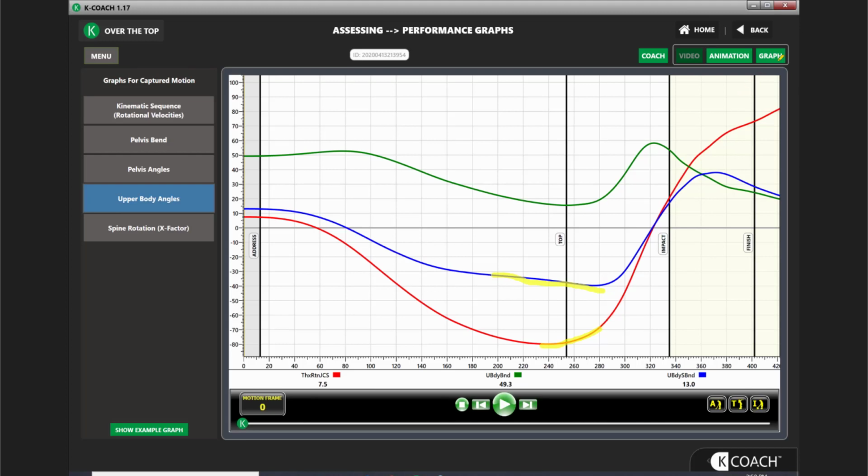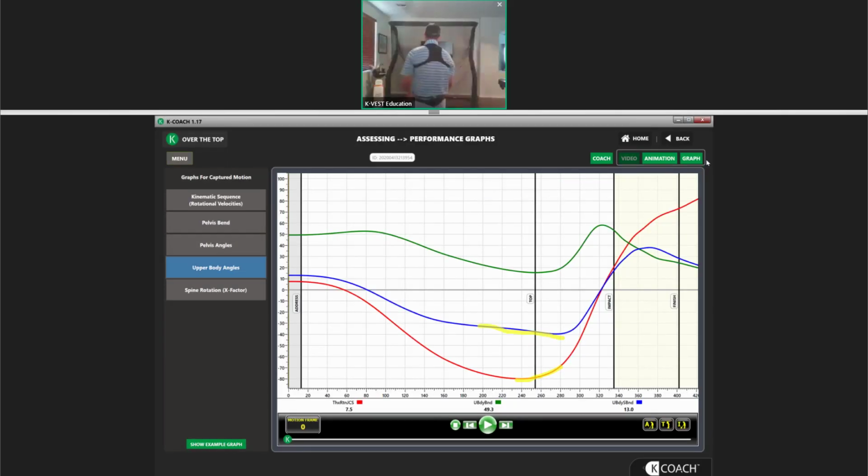So that means that in that phase, I have not only started to change directions with my torso by 10 to 12 degrees, but my side bend has also increased. So side bend increased, rotation changed directions, and you can see what that's doing to the golf club.